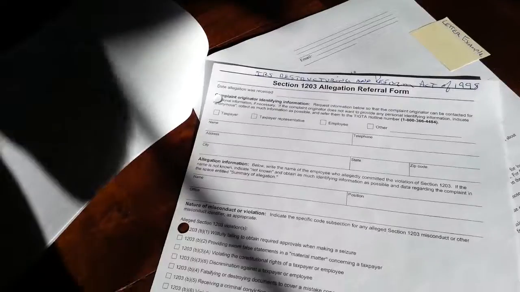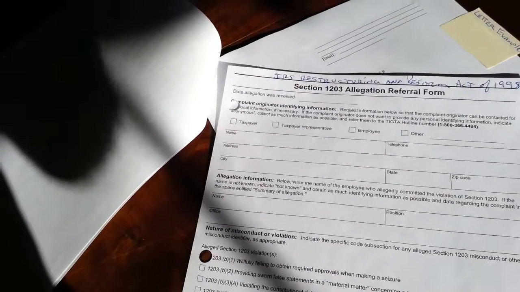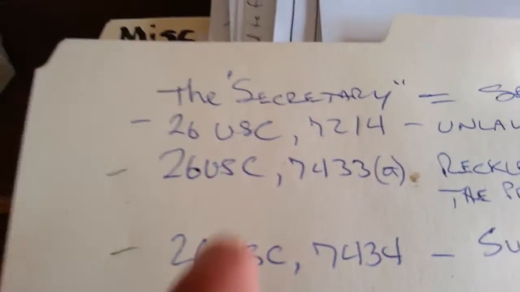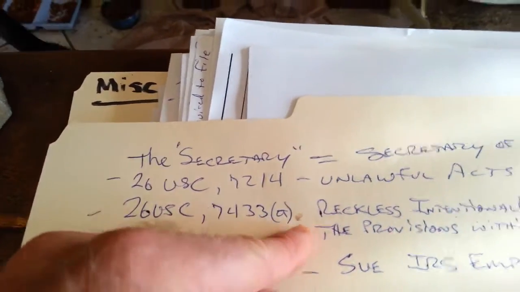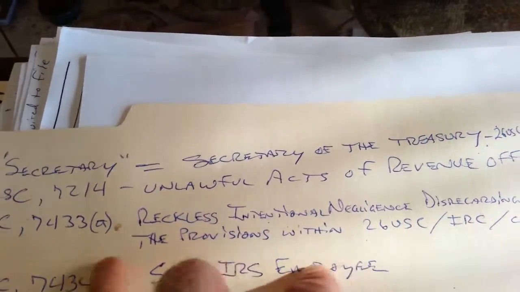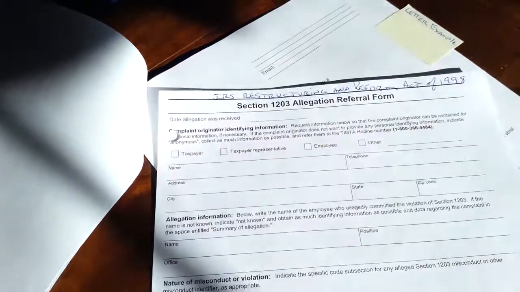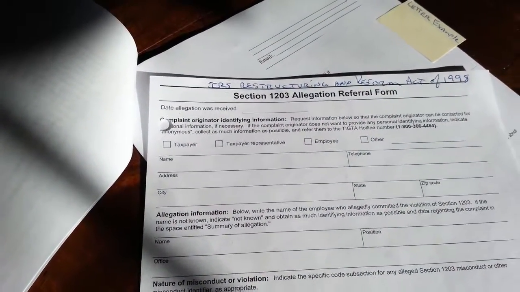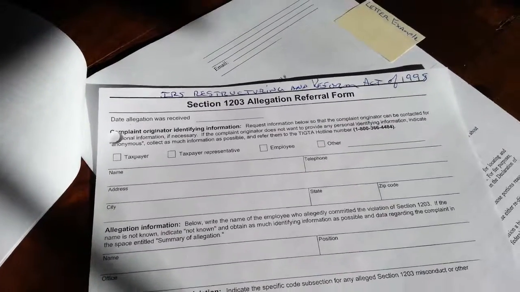Also, Title 26 USC 7433a: reckless, intentional negligence disregarding the provisions within the Internal Revenue Code. The Internal Revenue Code makes the law and creates a liability, and the IRS is just a collection agency company out of Delaware. They're not an agency.